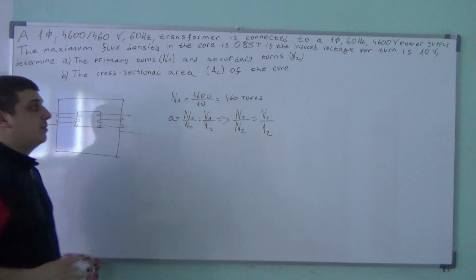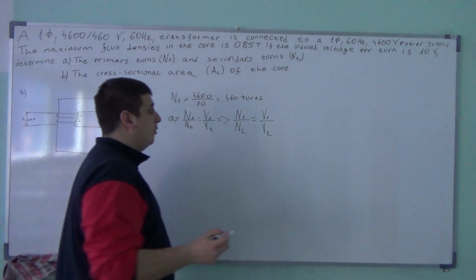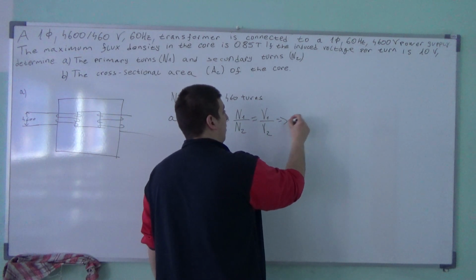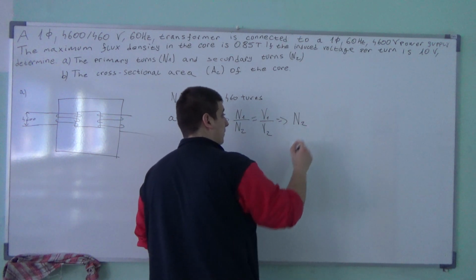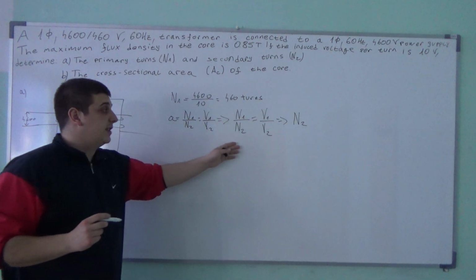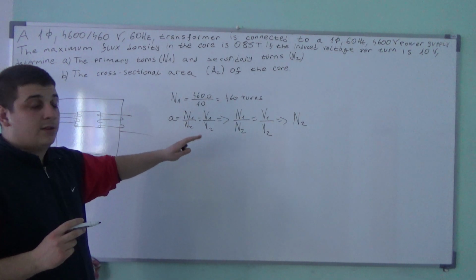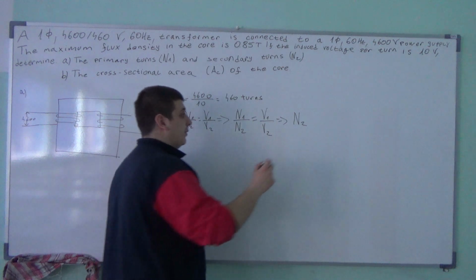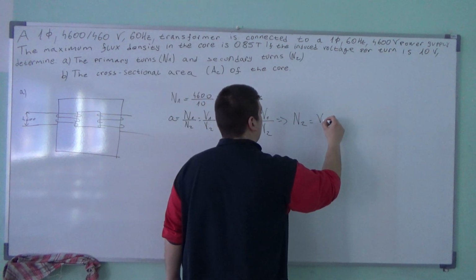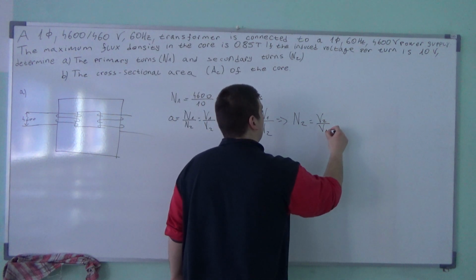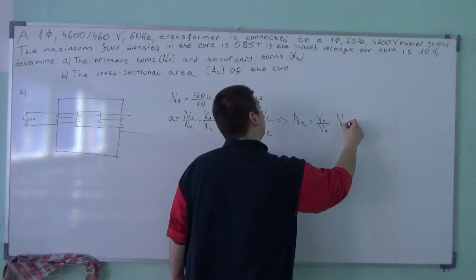Looking at this formula, N2, the turns of the secondary winding, is equal to V2 divided by V1 times N1.